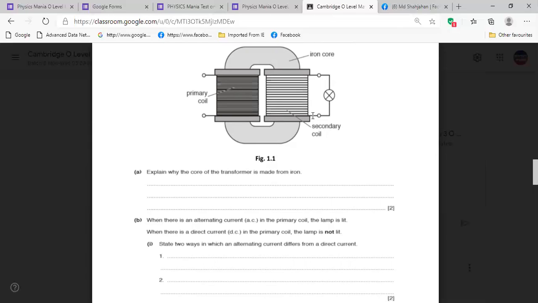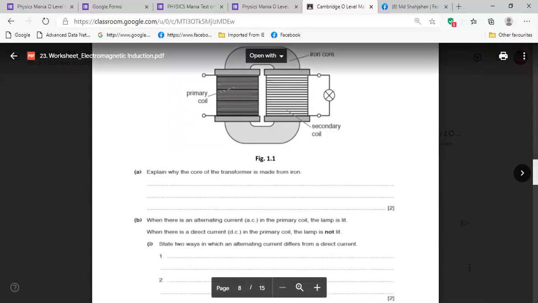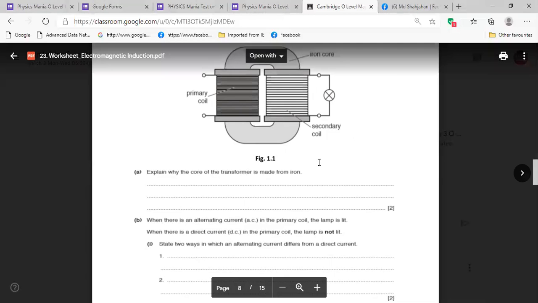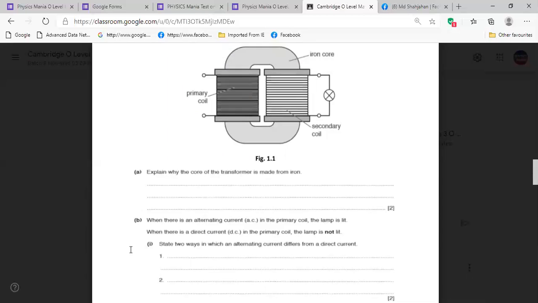And what happens if it is a temporary magnet? Its magnetic power will go. Okay. So iron is a soft magnetic material which produces a temporary magnet, right? Yes, sir. Okay, that's why.